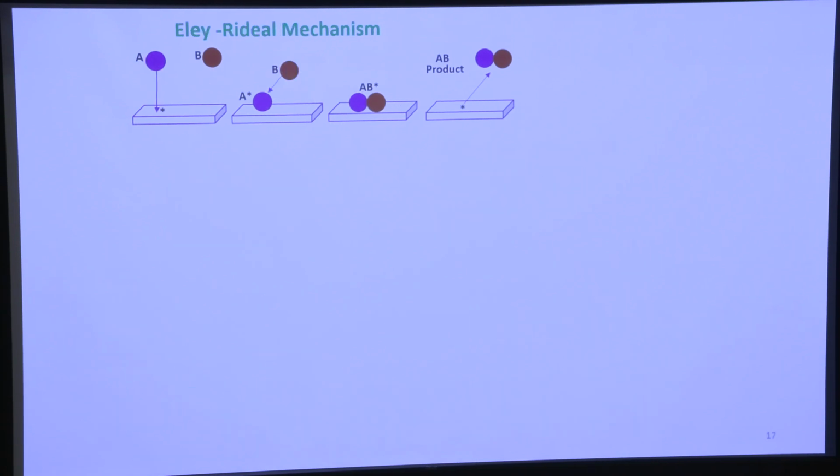Another mechanism is called the Eley-Rideal mechanism. That is, I have a molecule adsorbed on the site, and I have a radical, let's say an H radical, in the gas phase. This is at a surface, and they react not on the surface but with the gas phase, and they form a species on the surface and then desorb. I love this Eley-Rideal mechanism because you involve a species in the gas phase, so my combustion chemistry, my gas phase chemistry strength is going to be reflected here.